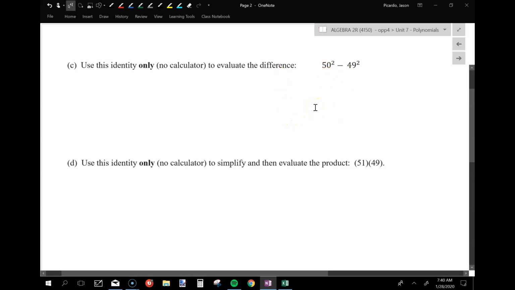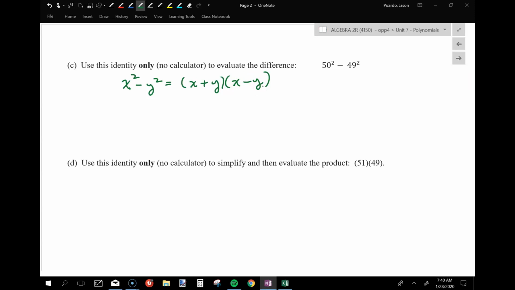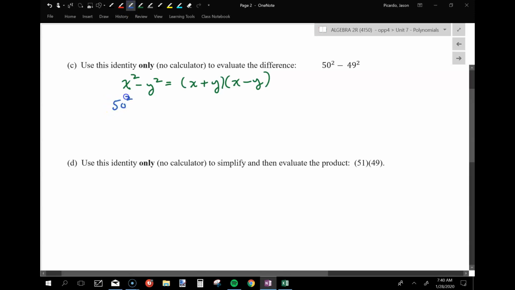So if I think about what we just proved, that this equals this, well, if I write this underneath it, 50 squared minus 49 squared, that looks exactly like this, doesn't it? It's written in the exact same format.